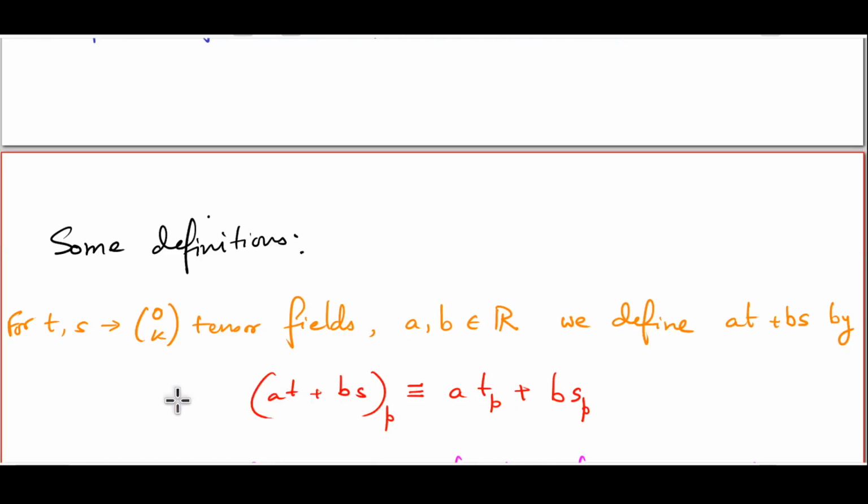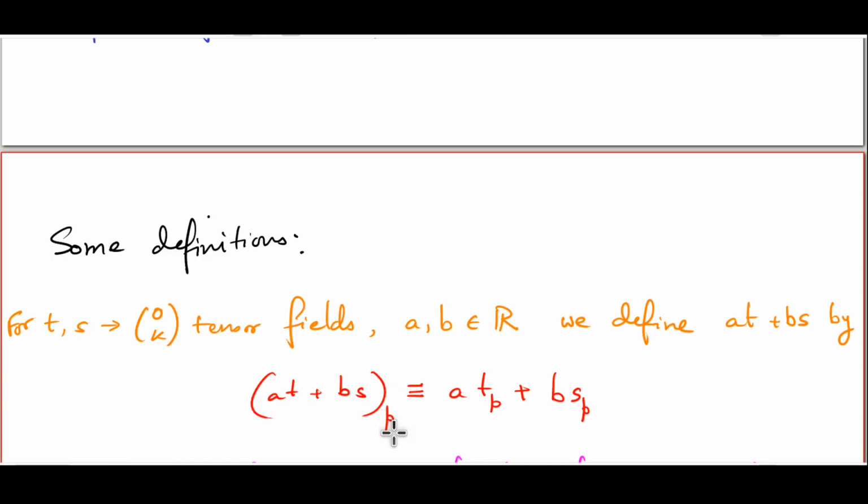If T and S are both (0,k) tensor fields and A and B are real numbers, we can define their linear combination AT + BS, which will also be another (0,k) tensor field, by the following basic rule. (AT + BS) at the point P is defined to be A times T_P plus B times S_P.